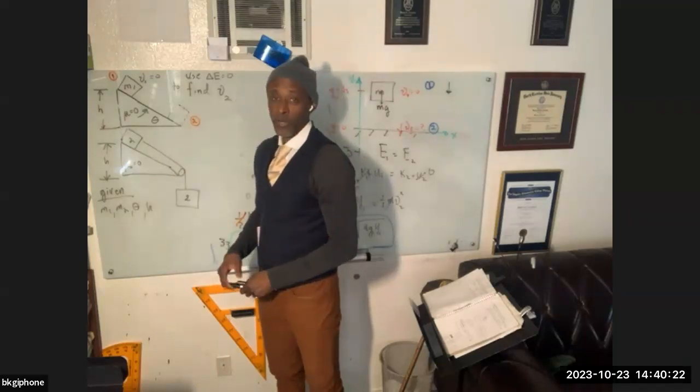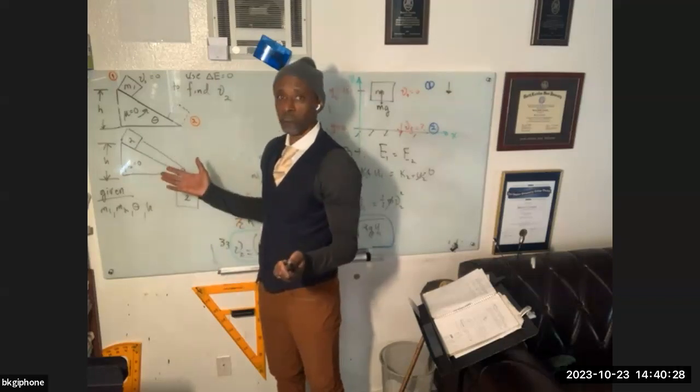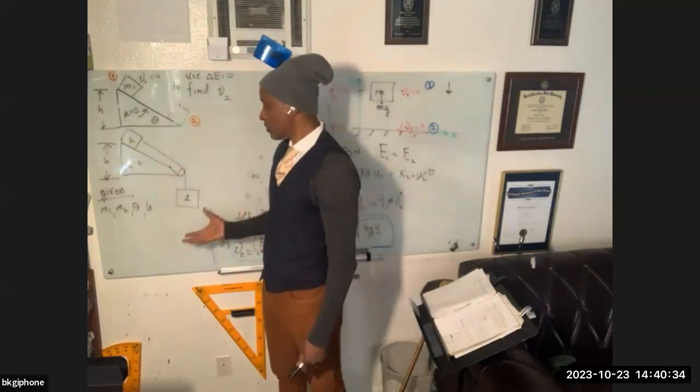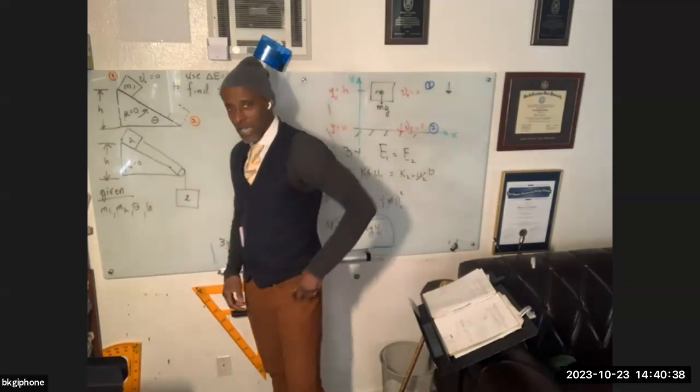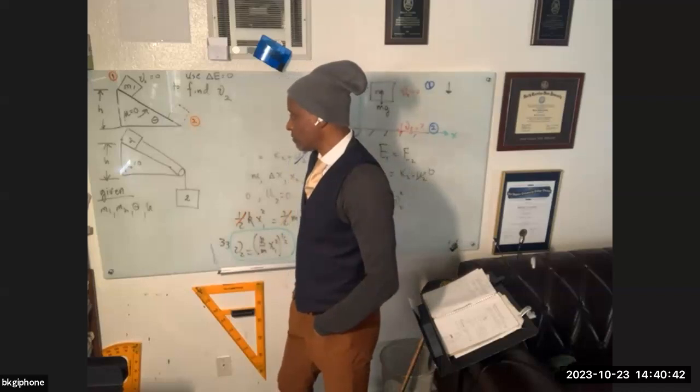But we don't have to worry about that with energy because energy is a scalar quantity. If we can figure out what the potential energy is here and what it is here, then we just add them. It's relative to whatever coordinate system we want.